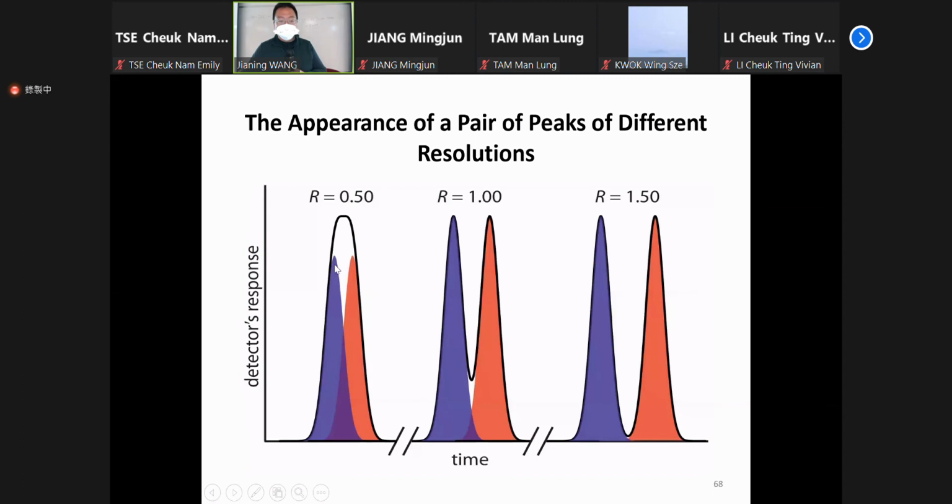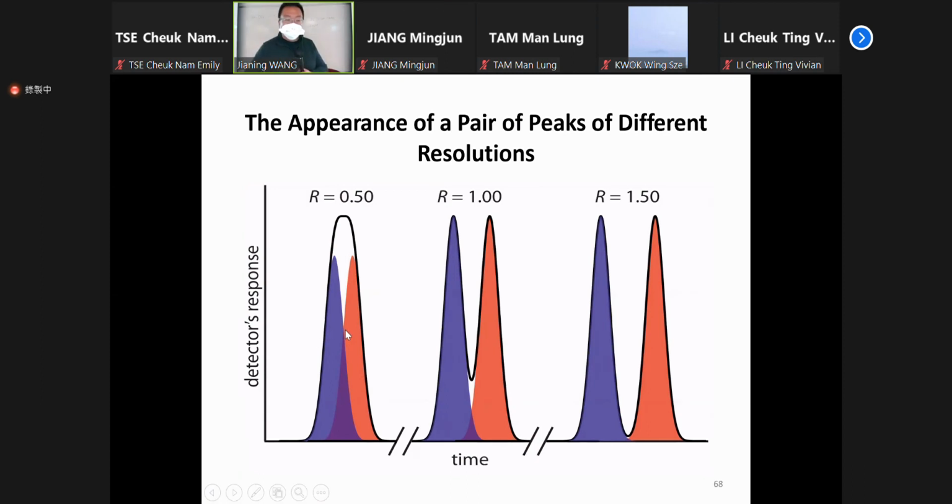In theory there are two peaks, but for the detector, through the real data you can only see one, the black line here, because the overlapped region will contribute to the total signal.